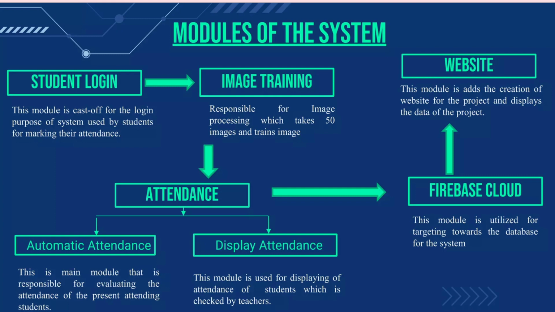But here the attendance management using face recognition takes in all the angles, so that there will be no further issues even when they shave their head or beard, or when they are wearing a mask. It still takes in all the angles. If one of the angles is matching among these 50 images, then the attendance will be marked.